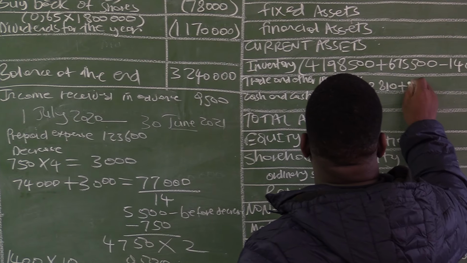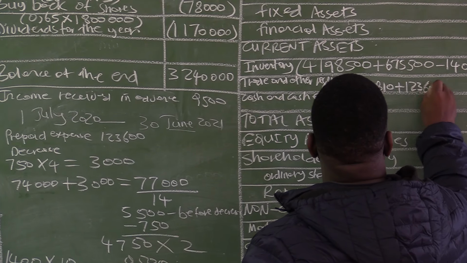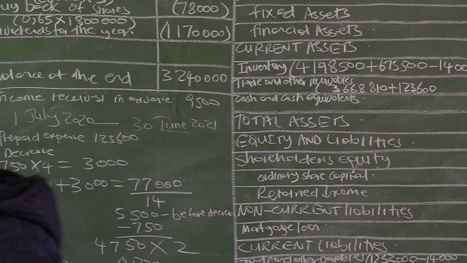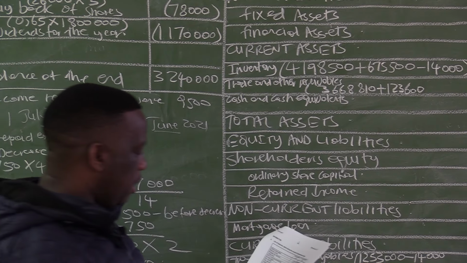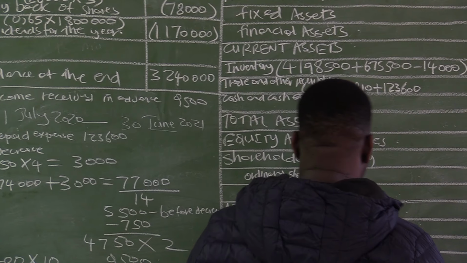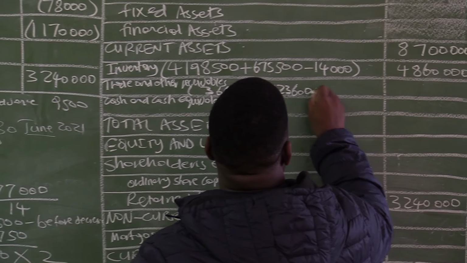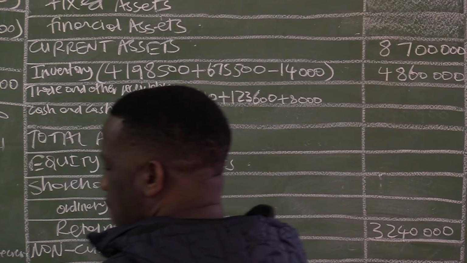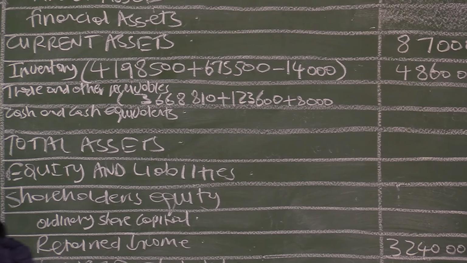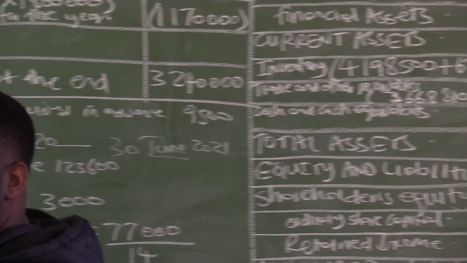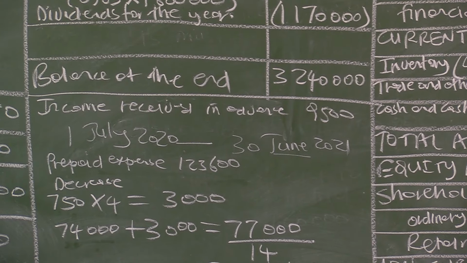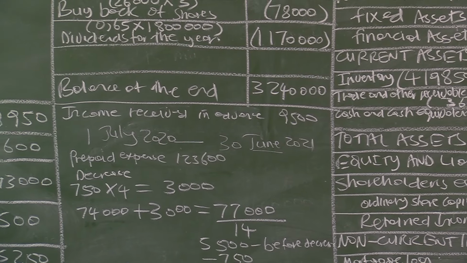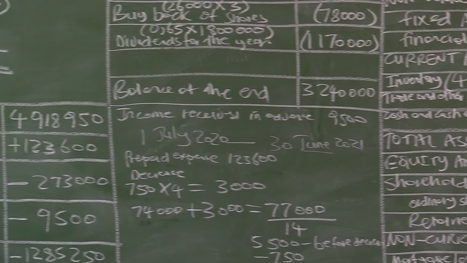Let's add it here, plus 123,600 prepaid expense. Is there any accrued income? Yes, we do have accrued income here in information A of 8,000. That's plus 8,000 accrued income.